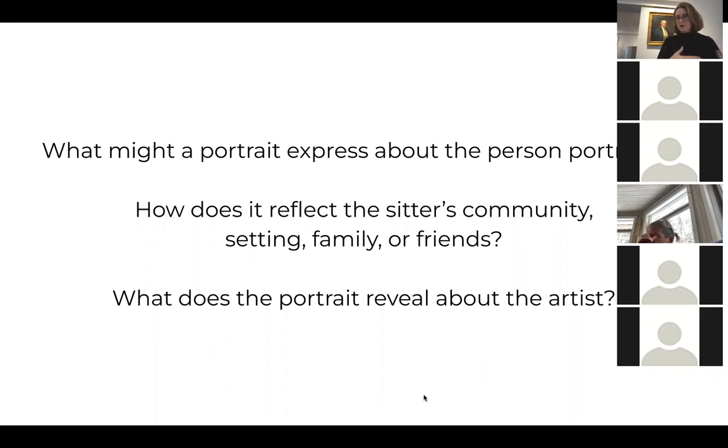If you're a writer, an author, and you have a picture of you with your book, those kinds of objects can be a way to describe who the person is. But like the portrait behind me that we'll look at a little bit more, there's not much in there, but there's still a lot in there. So each of these questions are something to think about as we look through these portraits.